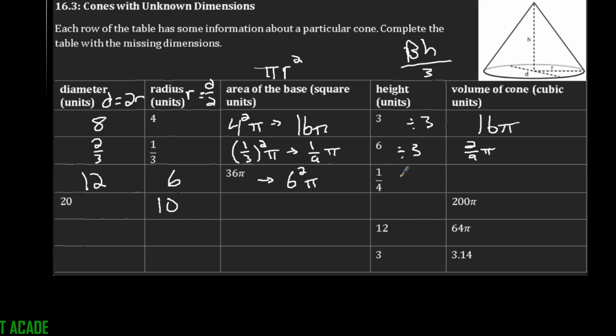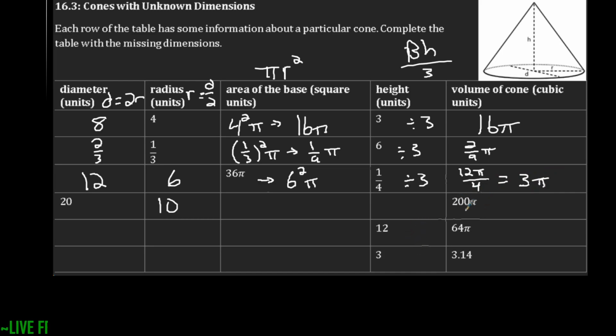Now I have 36 divided by 3, because I have to divide by 3 here as part of the volume. So 36 divided by 3 is 12, and 12 pi over 4 is the same as 3 pi.